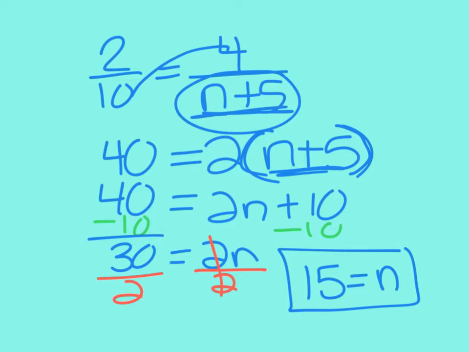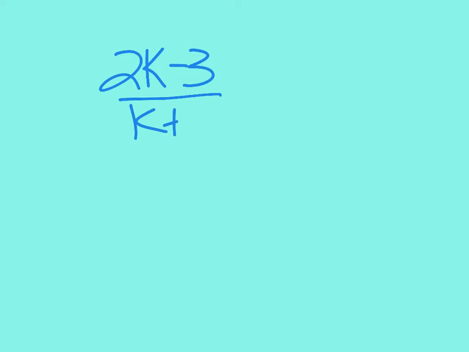All right, let's look at another. Let's look at number 4, the guided examples. We have 2k minus 3 over k plus 9 equals 3 over 5.